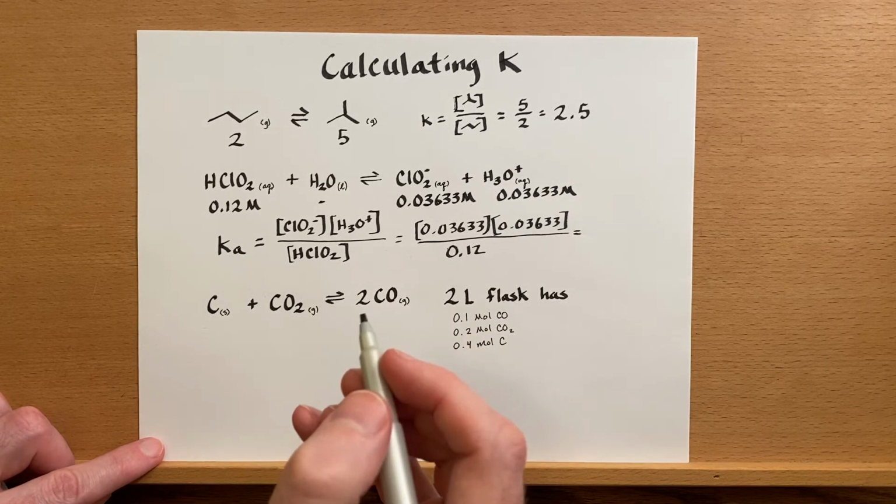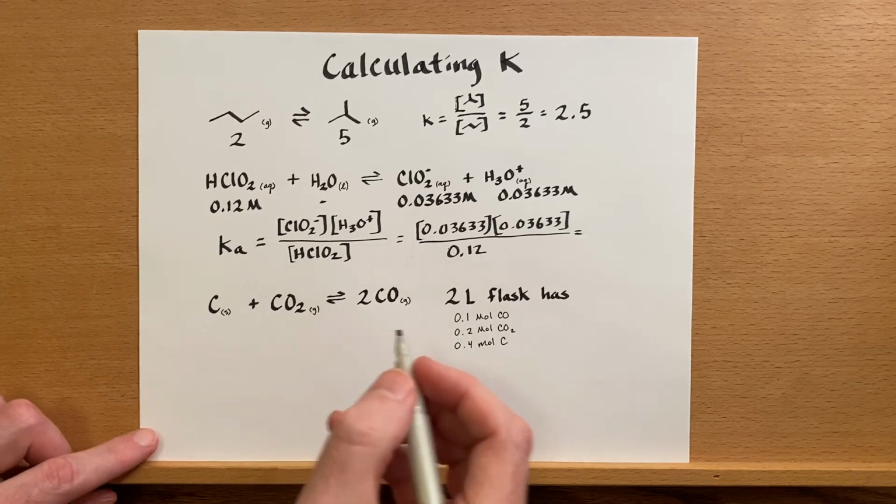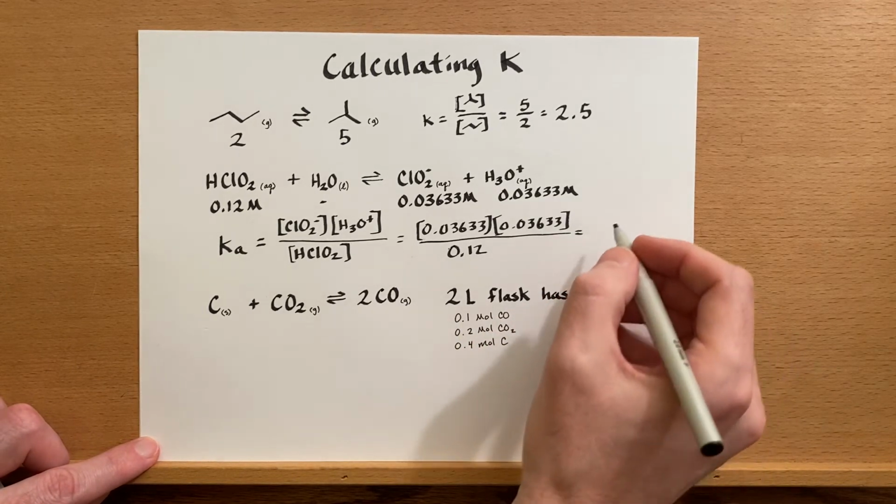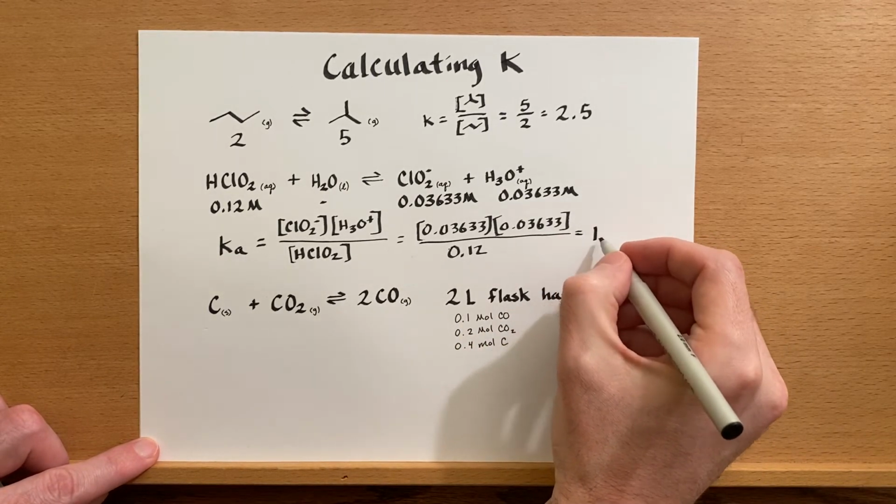And if we do that, we should get 1.1 times 10 to the minus 2.